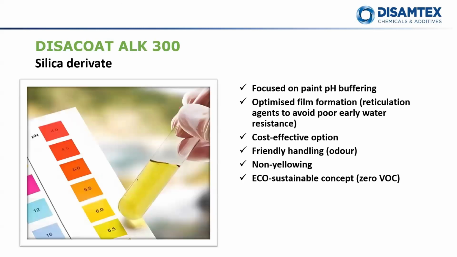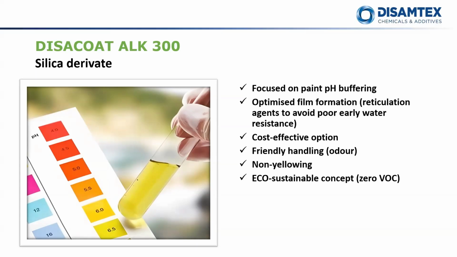Now, Disamtex can present a solution if an inorganic base is desired. So inorganic bases can also have their appeal. Compared to amine-based pH modifiers, Disacoat ALK 300 offers advantages too. It's completely odor-free. Amine, I would say, is low odor, which makes handling much more pleasant.